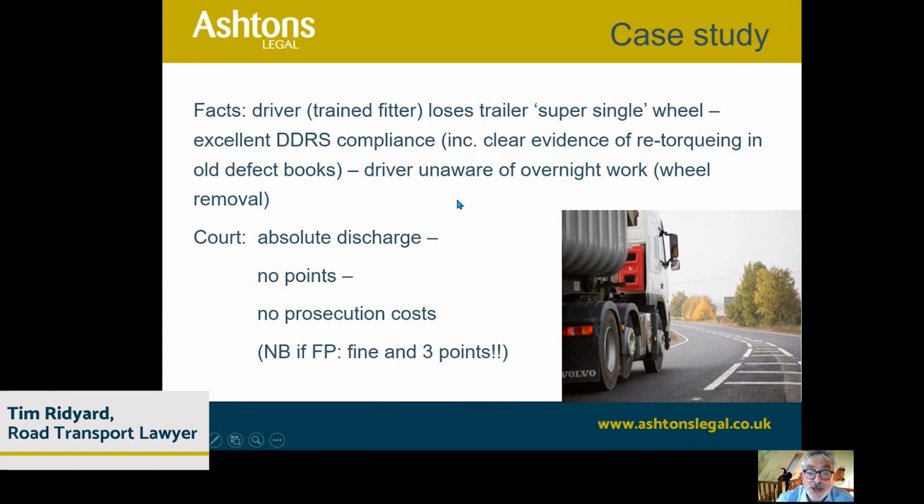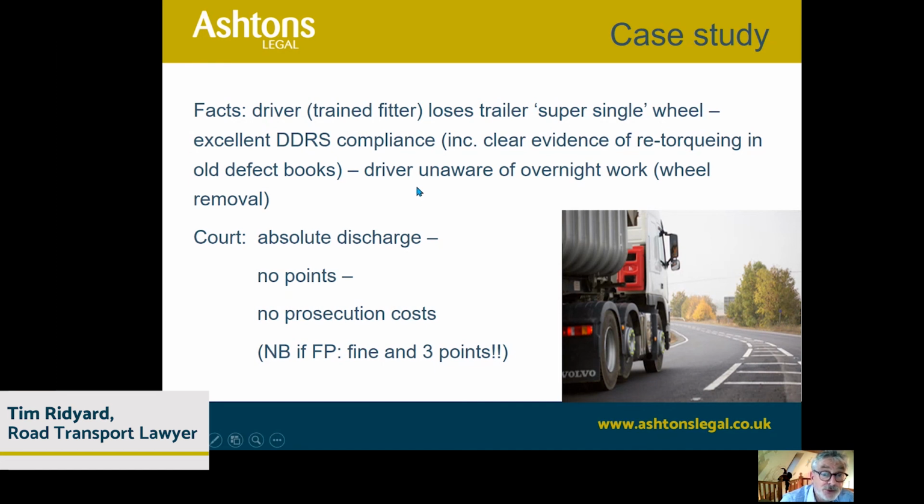So the question was, why did this happen? And it transpired that the workshop had worked on the trailer the night before, had had a wheel off, had reattached it, but there had been no procedure in place to inform the driver of this. So he had absolutely no idea. So therefore he couldn't check the torquing of the wheel that morning because he didn't know anything about it.